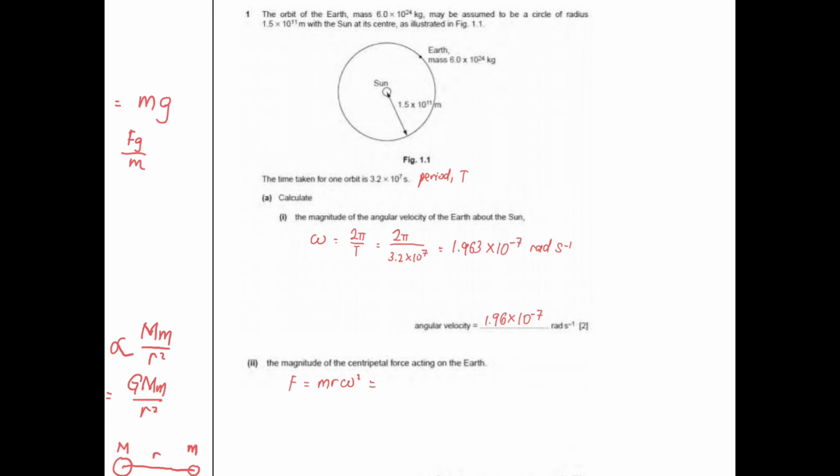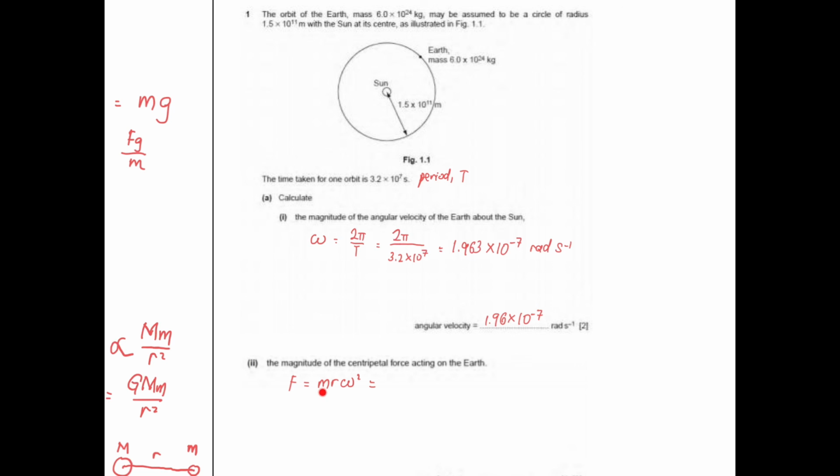Let's make ourselves clear on this m. Should we take the mass of the sun or the mass of the earth? The idea is this m is the mass of the rotating object. We assume that the earth is rotating around the sun, so the mass of the rotating object is the one you're supposed to put here.